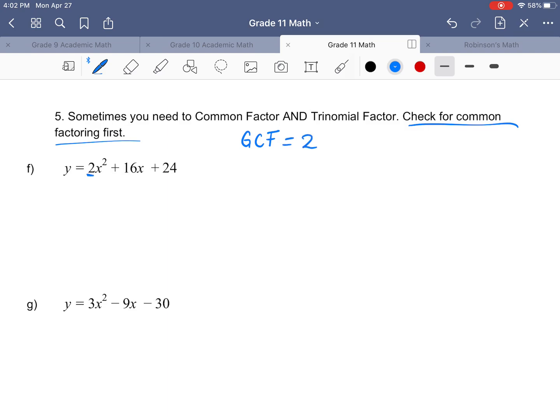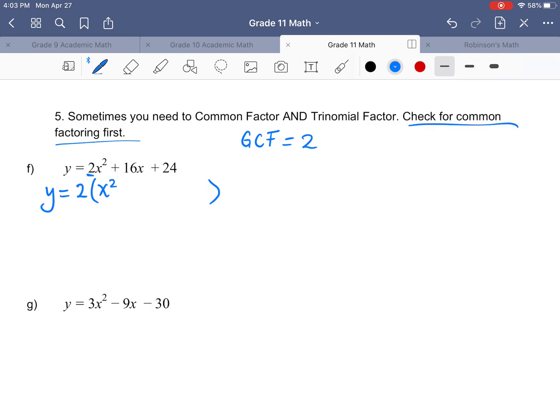So our greatest common factor is 2. So we are going to common factor out a 2 as our first step. So we write the 2 in front, and then we're going to open up a set of brackets. The first term in the set of brackets is going to be the result of 2x squared divided by 2. That is going to give us x squared.